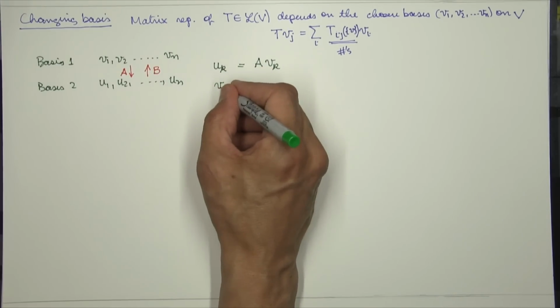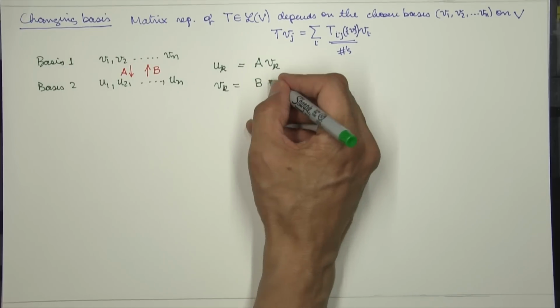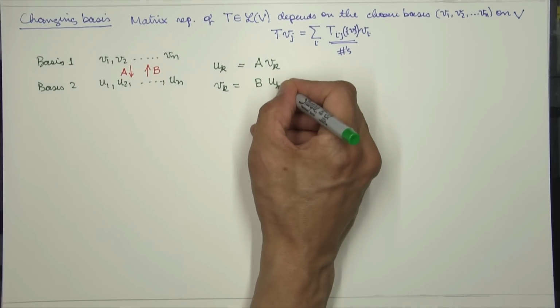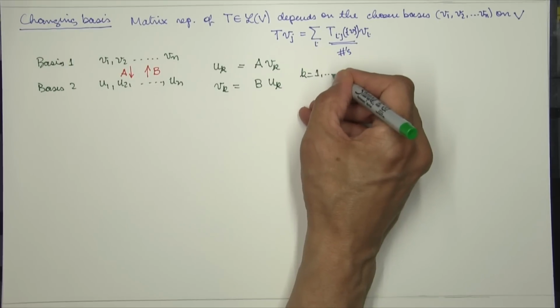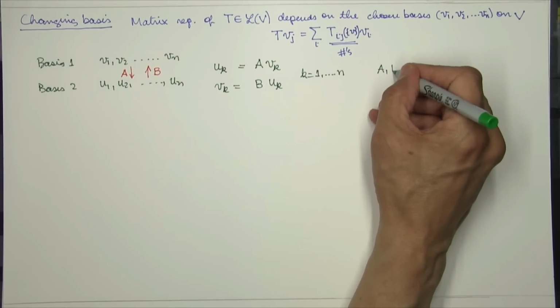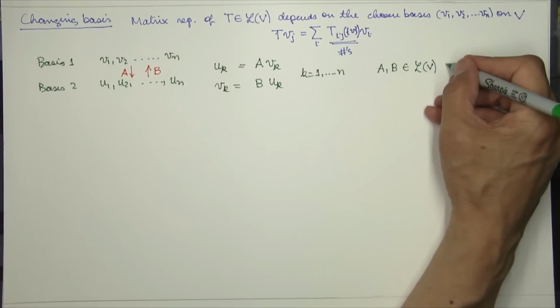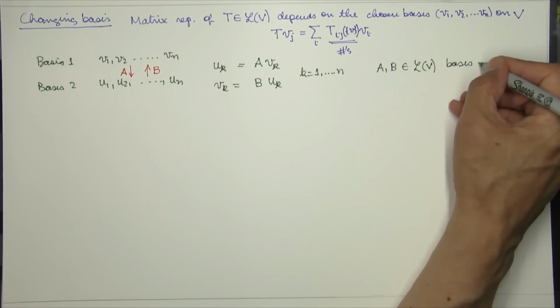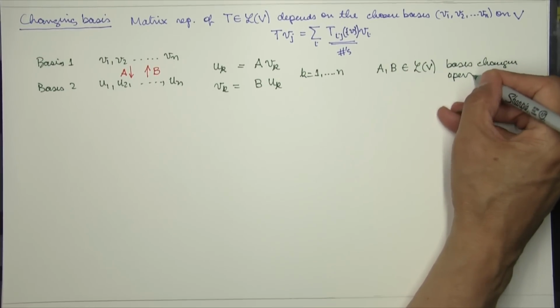Similarly, Vk would be equal to B Uk. And this is true for k equal 1 up to n. These operators A and B are linear operators, and they're basis changing operators.